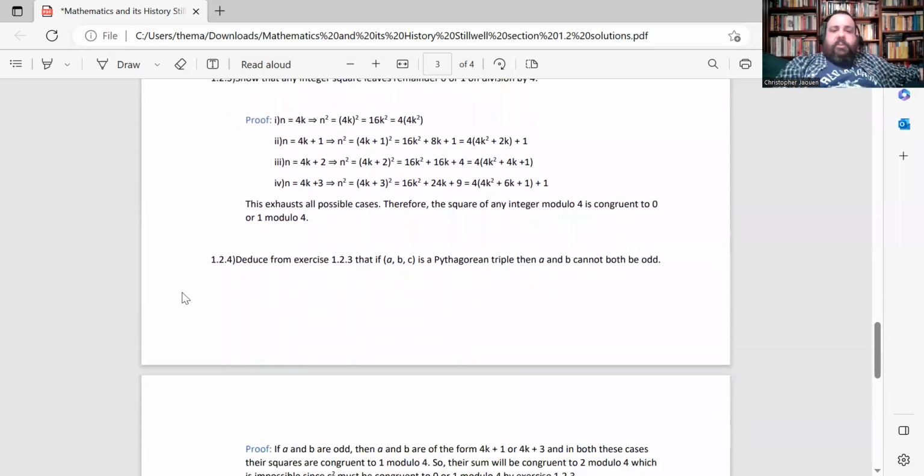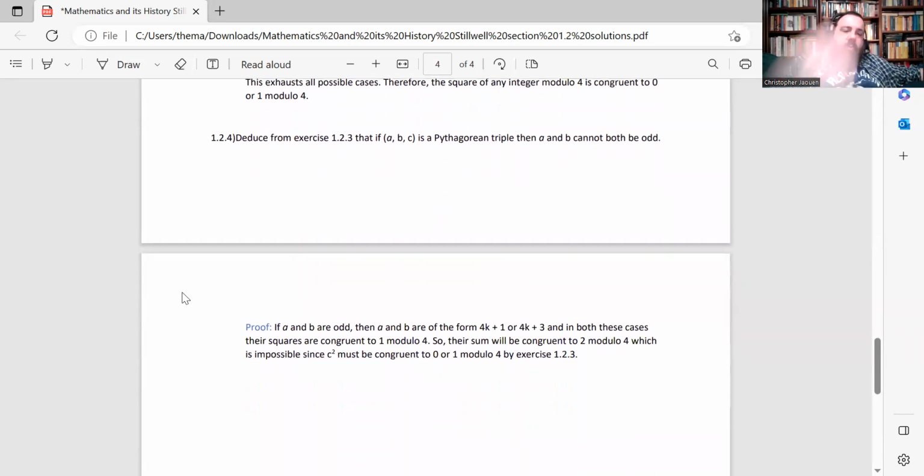Question 4 says, deduce from exercise 1.2.3 that if A, B, C is a Pythagorean triple, then A and B cannot both be odd. Okay, so this follows directly from the previous question. So if A and B are odd, that means that A and B have to be either of the form 4k plus 1 or 4k plus 3.